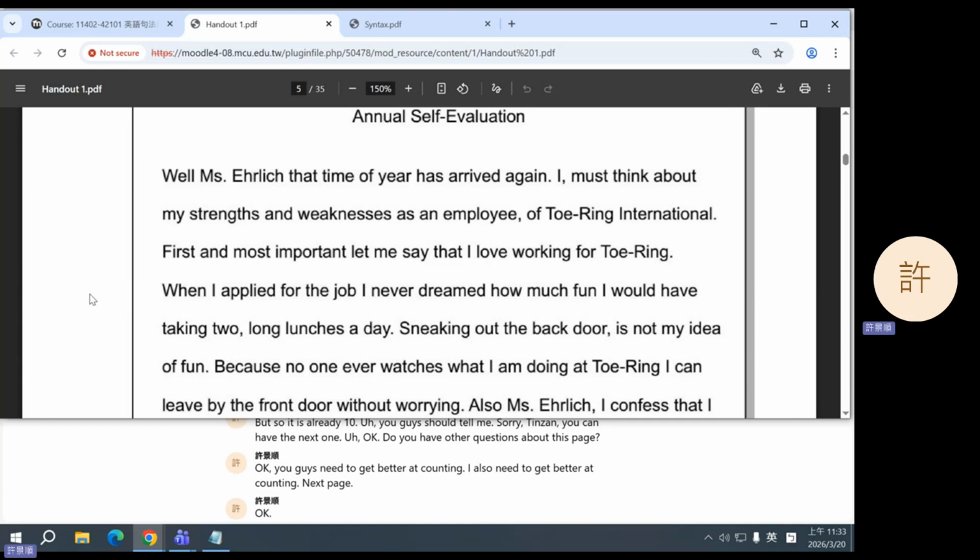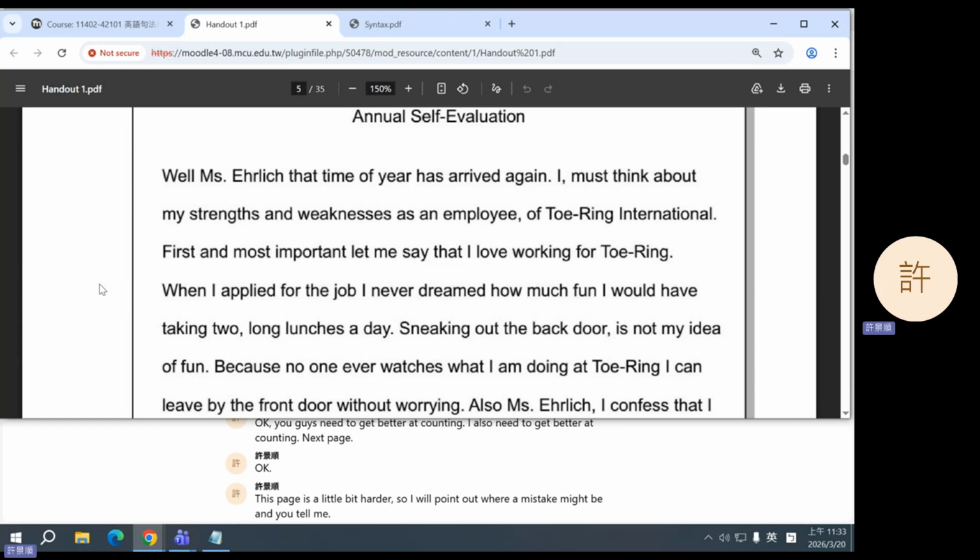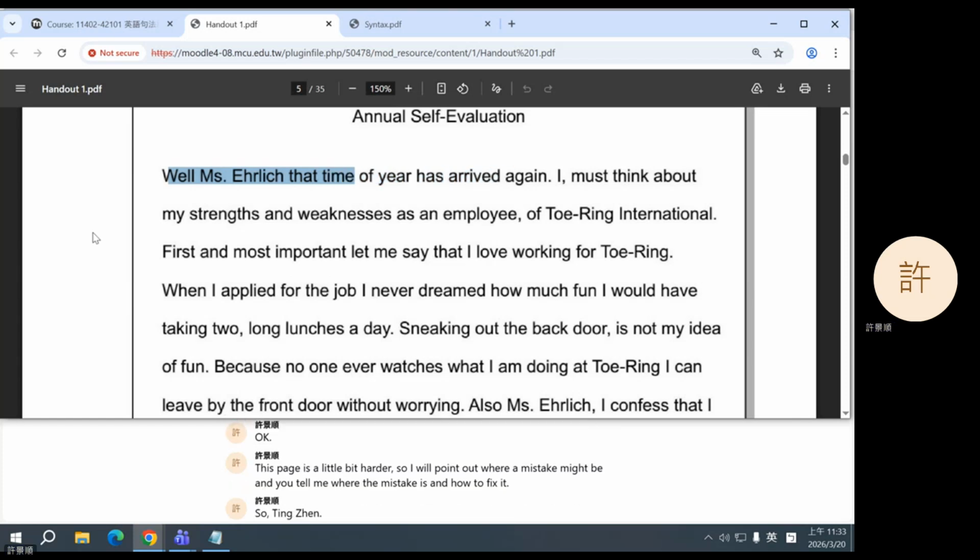This page is a little bit harder, so I will point out where a mistake might be, and you tell me where the mistake is and how to fix it. So, Tingzhen, somewhere here, there's a problem.